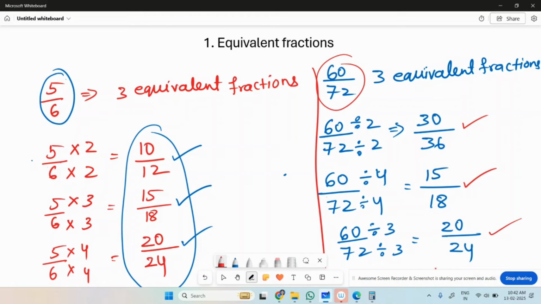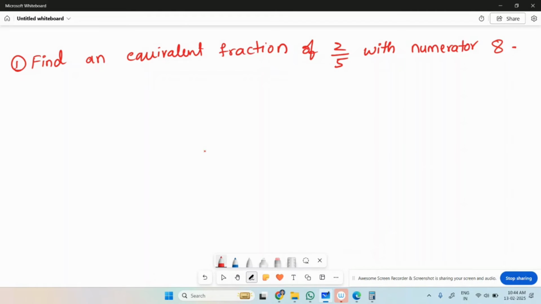Now, let's solve some questions based on equivalent fractions. Here, the question is: find an equivalent fraction of 2 upon 5 with numerator 8. The fraction is 2 upon 5 and the numerator is given as 8. We have to find out the denominator. Now, let's see the relation between 2 and 8. 2 times how much is 8? We know that 2 times 4 is 8.